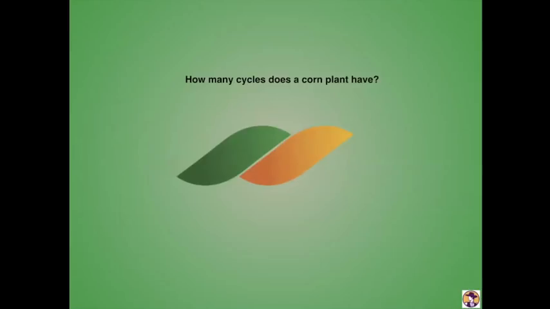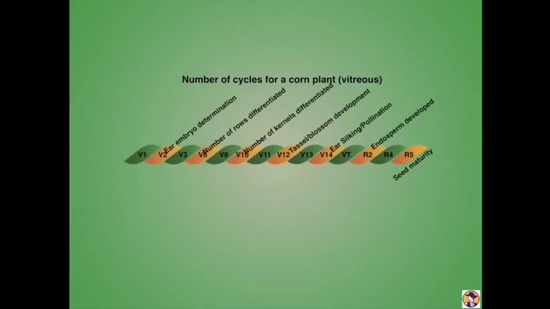Growers sometimes tell me that they would expect a corn plant to have one switch, one cycle, where it's vegetative from the moment the seed germinates until we get to the tasseling and silking stage, and then it's reproductive for the rest of its life cycle all the way through until harvest. And certainly, it might appear that way from a macro perspective, but when we look at what is actually happening with hormone profiles and what is happening inside the plant, there are actually 13 cycles that happen.